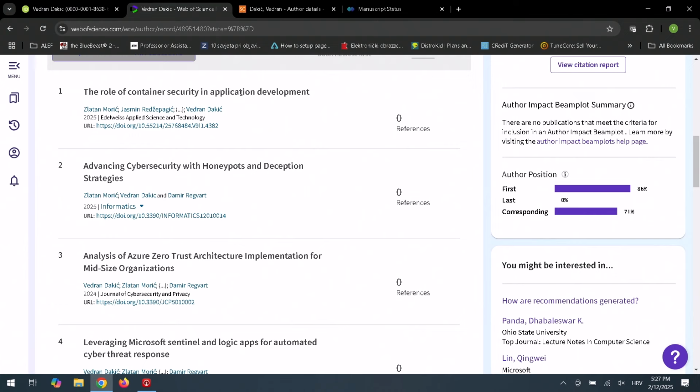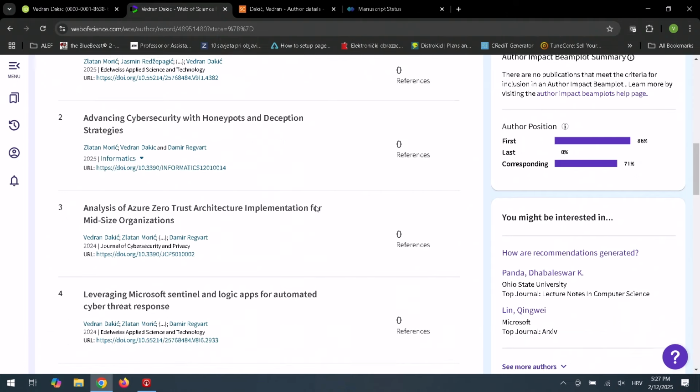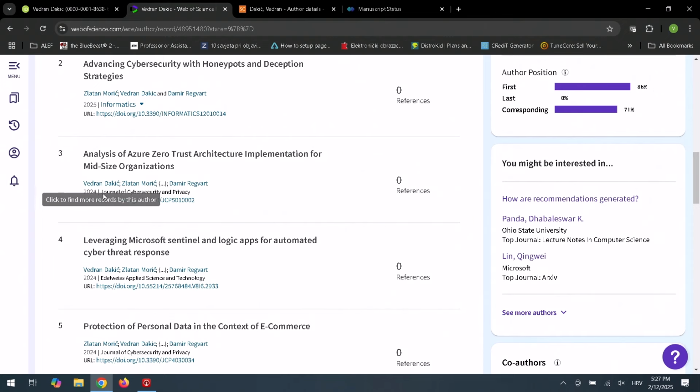For example, this one, role of container security in application development, we published that a month ago or so in a Q4 journal by Edelweiss. We published a whole stack of papers there. I have a paper in MDPI Informatics, which is not indexed by the Web of Science, but is still here. And, for example, Journal of Cybersecurity and Privacy has some things that are very important to explain here.